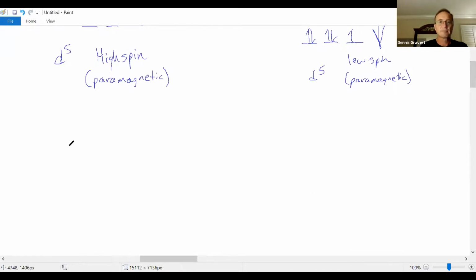Well, we got the small gap versus the large gap. And if you do D1, you got the same configuration, right? The lowest orbital has 1 electron, lowest orbital has 1 electron. There's no difference. If it's D2, there's no difference.